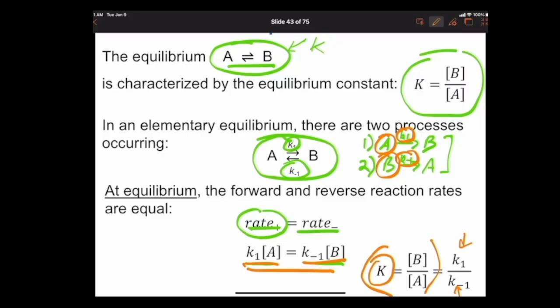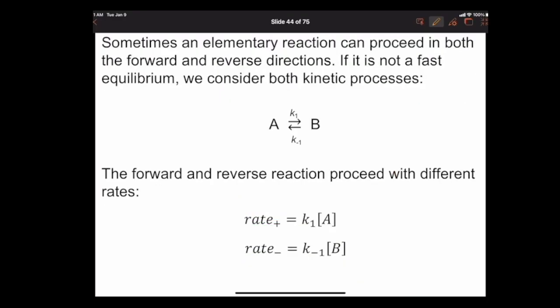The ratio of the two microscopic rate constants is exactly the same value, magnitude, as our capital K value, the equilibrium constant. So all we've done is decompose what we normally use as our K value into two small k values. The capital K equilibrium constant is now expressed in terms of the two little ones.